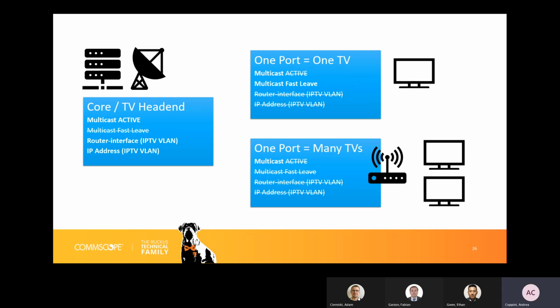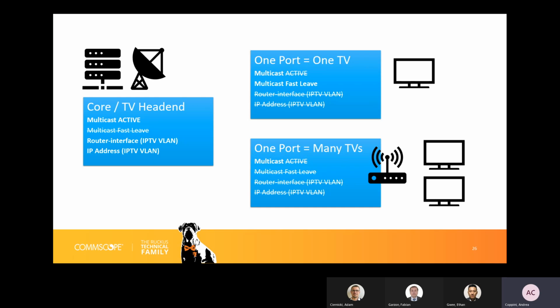At the other end, on your access switches, if you have a single TV connected to a single port, then you can enable fast leave. You need to enable multicast, which enables IGMP snooping, and then you can enable multicast fast leave. If you don't enable it, that is okay as well.